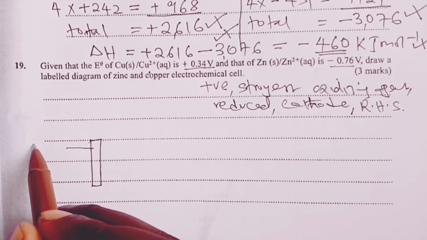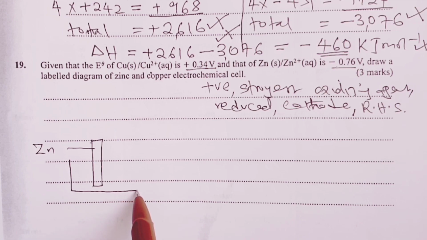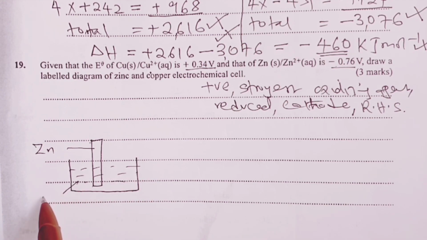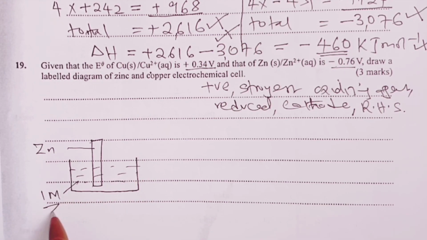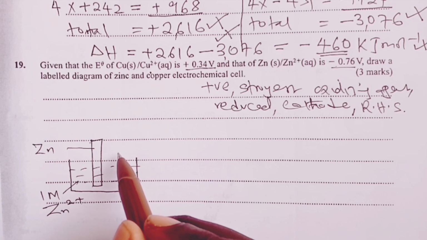This is zinc rod dipped in 1 mole of zinc ions. So we shall have here 1 molar zinc ions. You can use any soluble salt of zinc, and we make that to 1 mole concentration.